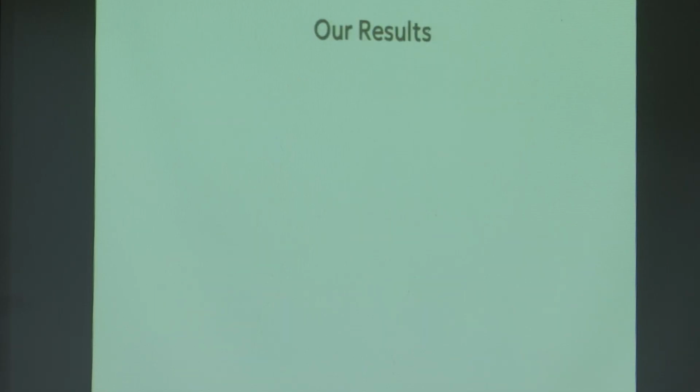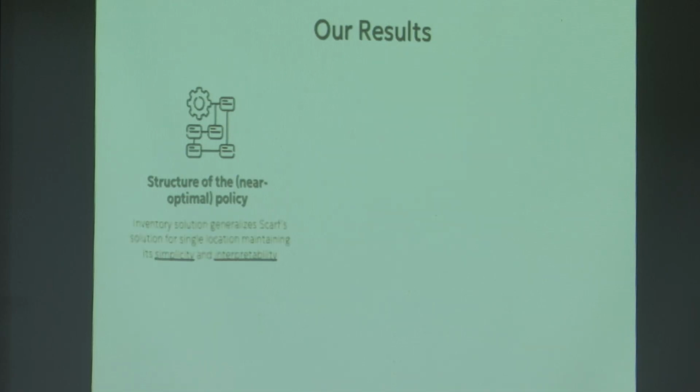So let me tell you our results. We are able to give an algorithm where the policy has a very nice structure. The result I presented about Scarf is beautiful because one, it's closed form, it's optimal, and it has a very nice structure.